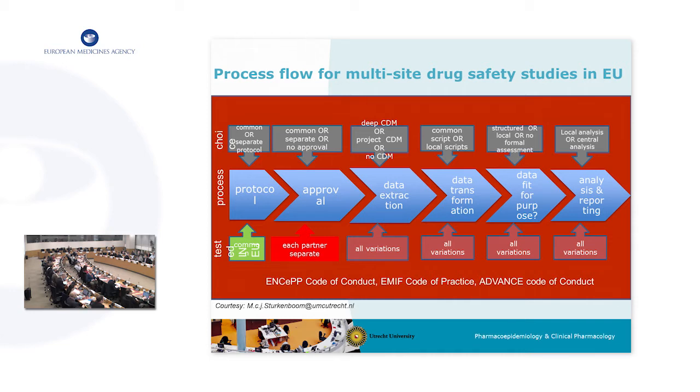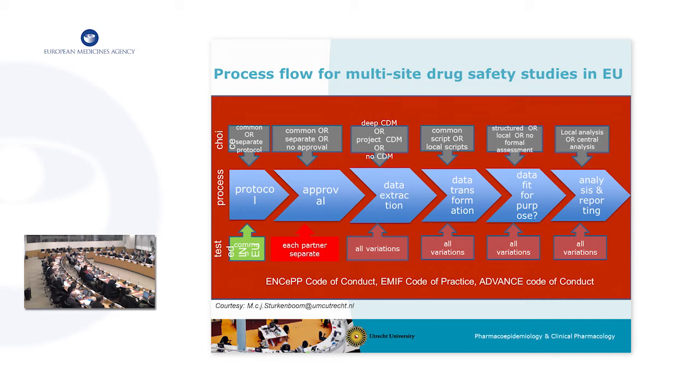So then there's a step of checking whether data is really fit for purpose. This can be done in a structured way, or less formal or no formal assessment at all. And for instance, in PROTECT, we spent a lot of time in checking whether the data were actually suitable for specific research questions, taking also quality parameters of the data into account, completeness of data, etc. And then the final step, the analysis and reporting, which can be local.